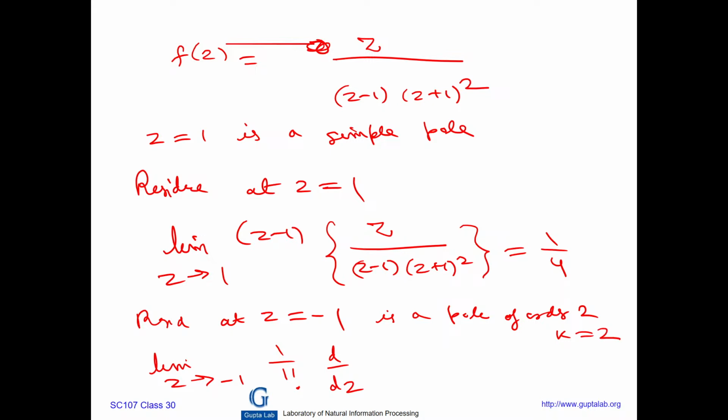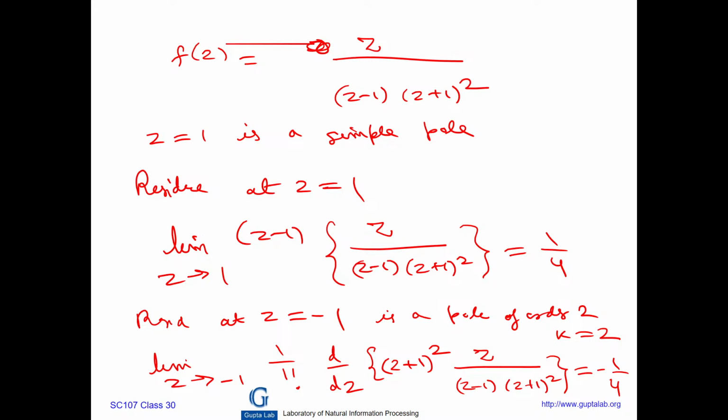So I can just compute d over dz of z plus 1 whole square times z divided by z minus 1 into z plus 1 whole square, and this value turns out to be minus 1 by 4. You can compute. So by simple application of the formula you can compute the residue of a function, okay.